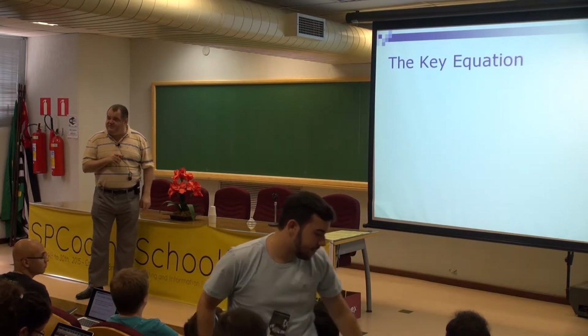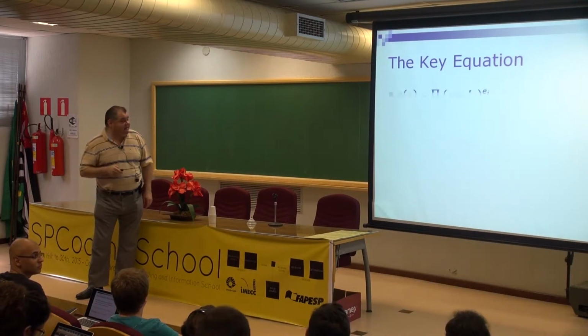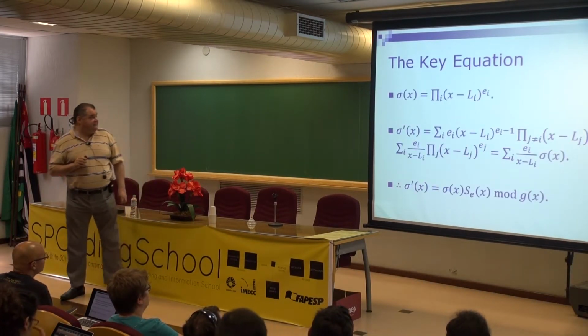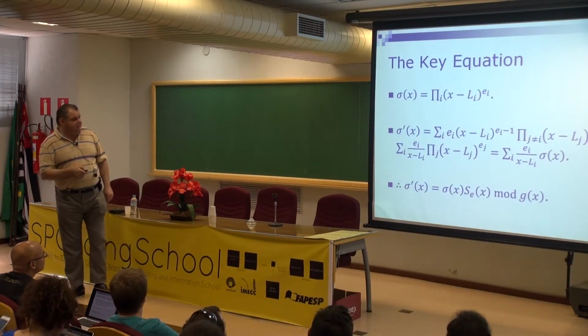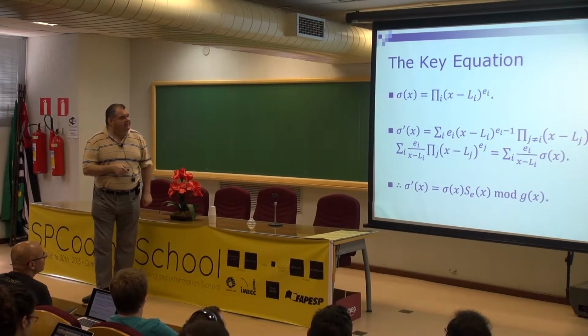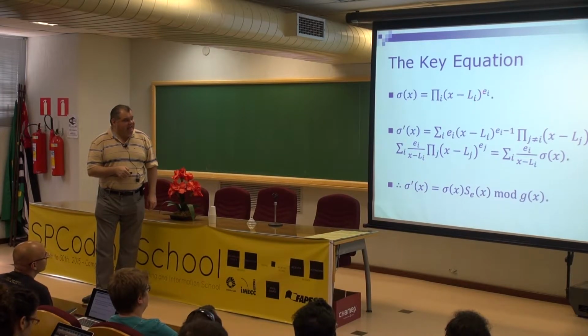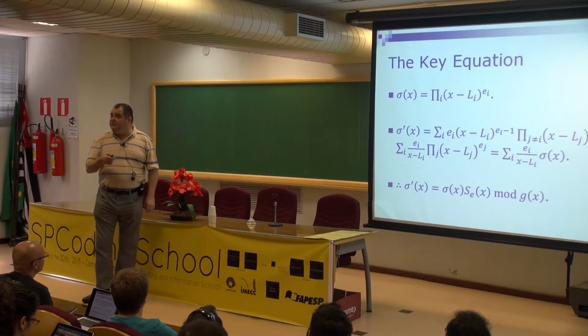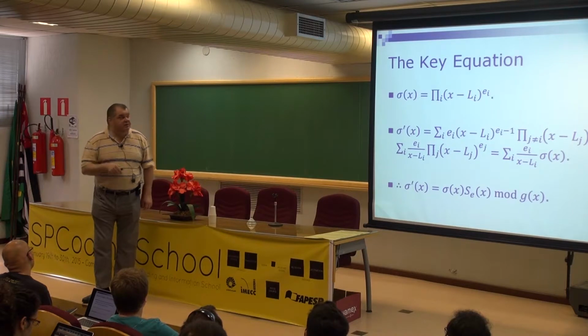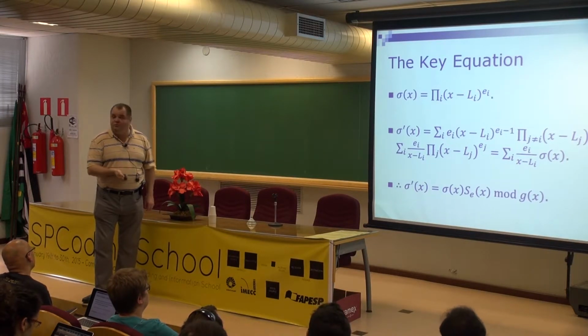So the key equation is an equation that sigma satisfies. It is based on this observation. We can write the polynomial sigma as the product of factors (x minus L sub i) to the e sub i. e sub i is 0 or 1. If it is 0, this factor is 1.